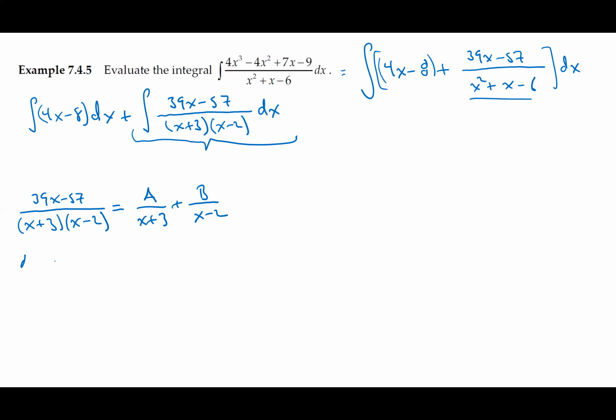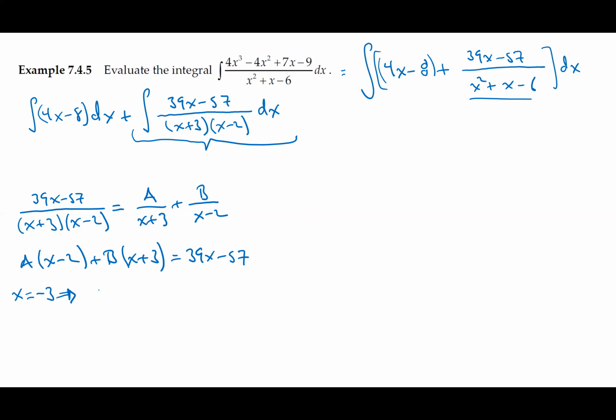Again, get that numerator from combining, and then be strategic, right? Let x equal -3. So that if x is -3, the B is gone.